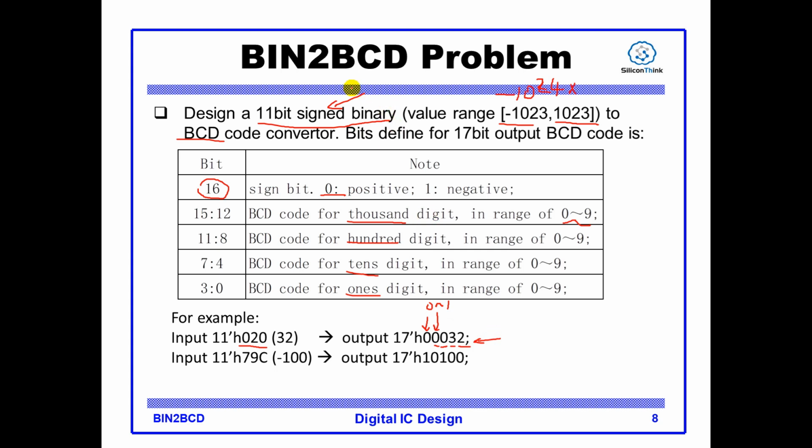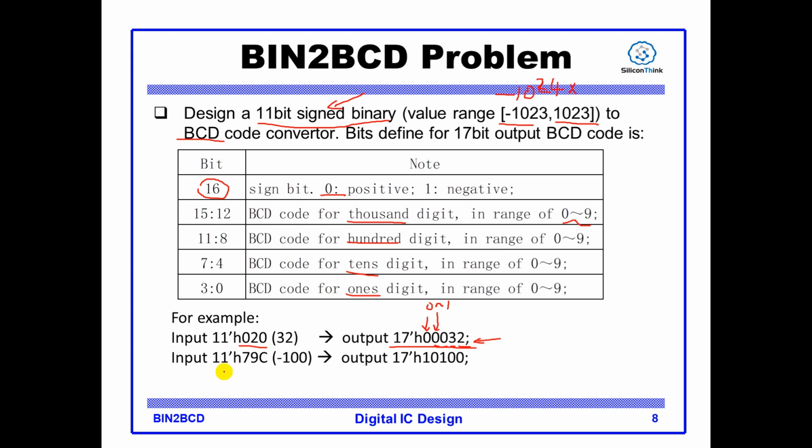So you can say the binary format is friendly for computer, while the BCD format is friendly for human. When you want to display some binary value on screen, you may use the BIN2BCD converter. This format is very friendly for human to understand what a number it is.